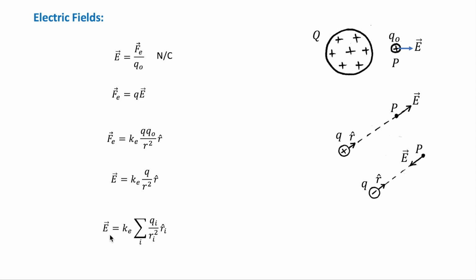And so E is equal to k_e sigma q_i over r_i squared r_i hat, and r_i is the distance from the ith charge q_i to the point P, at which we want to calculate the electric field, and r_i hat is a unit vector directed from q_i to P, okay?